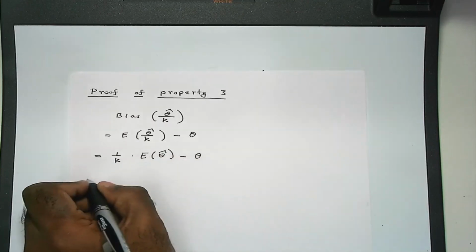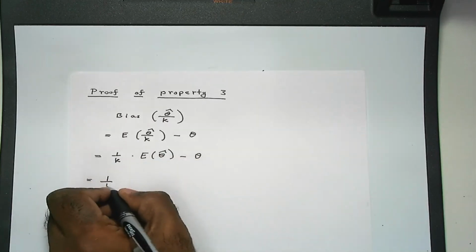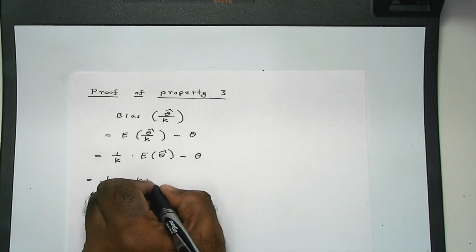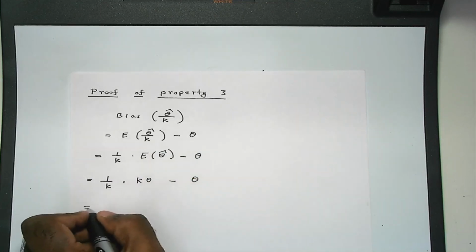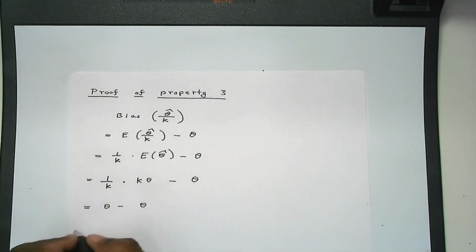This is equal to 1 over k, and this is equal to theta minus theta, which is equal to 0.